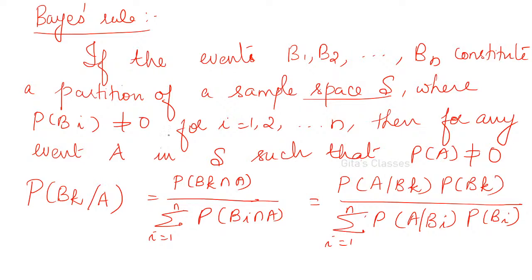Then for any event A in S such that P of A not equal to 0, P of Bk given A is equal to, always remember, that k alone will be there in the numerator, and in the denominator, from i varies from 1 to n, just replace k by i.